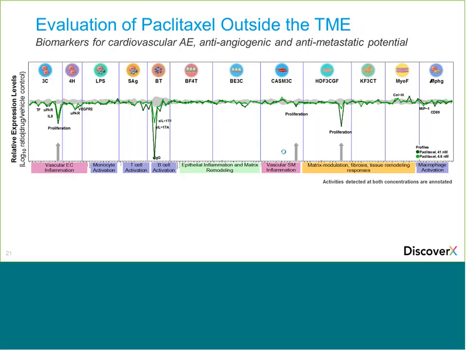Another example that I want to touch upon briefly is paclitaxel, or Taxol, as we talked about. This is, again, something that we looked at in the Diversity Plus panel in the absence of the immune suppressive cancer cells. What's striking here is that in the absence of the immune suppressive environment, we don't actually see any immune activation at all with paclitaxel, monitoring the cytokine production in these assays.